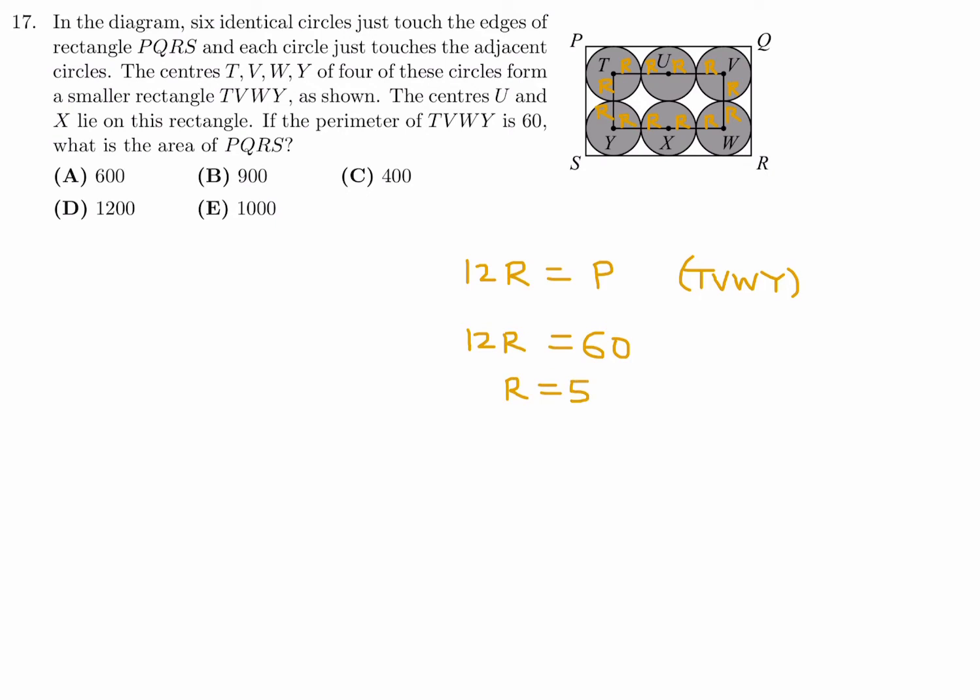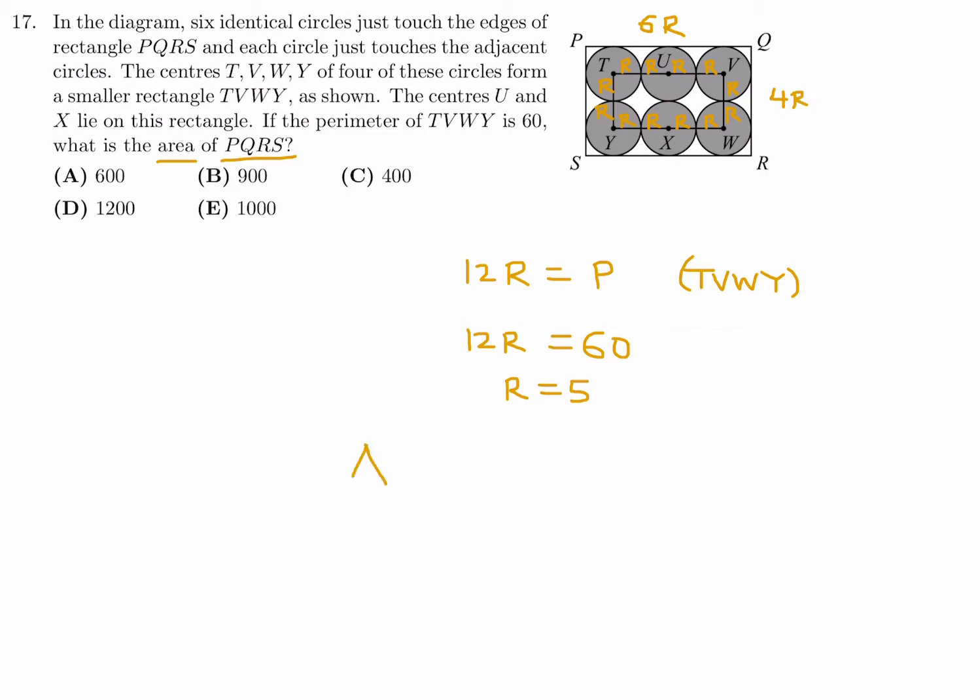Now they want you to find the area of PQRS. Well, for PQRS, those dimensions are going to be 1, 2, 3, 4, 6R on this side, and 1, 2, 3, 4R on that side.